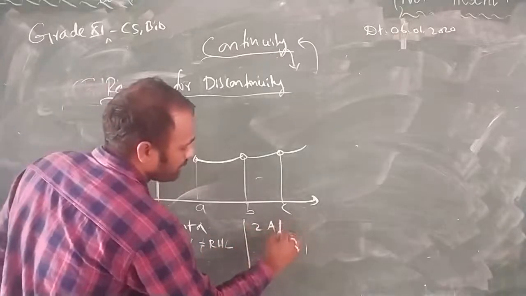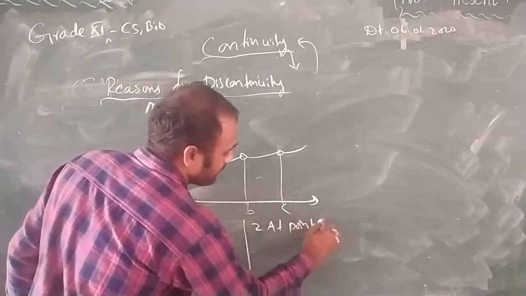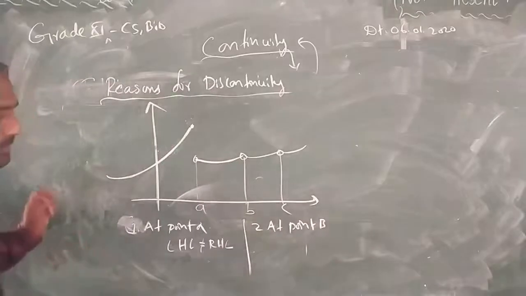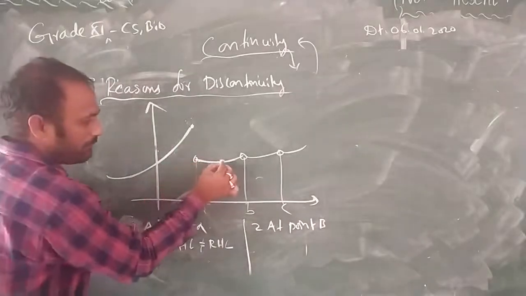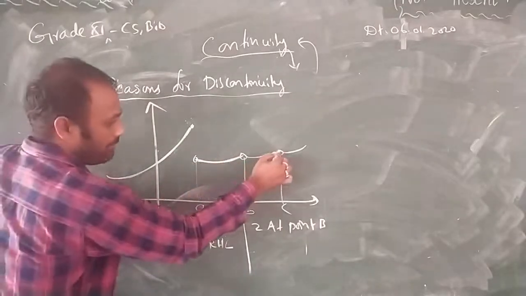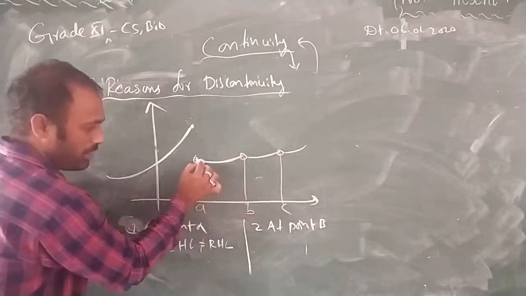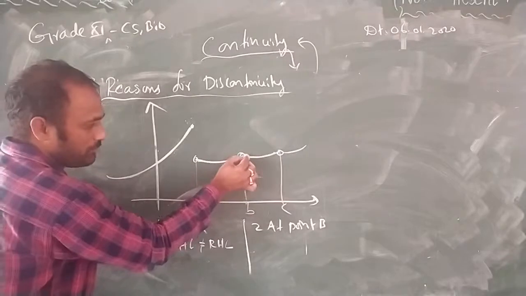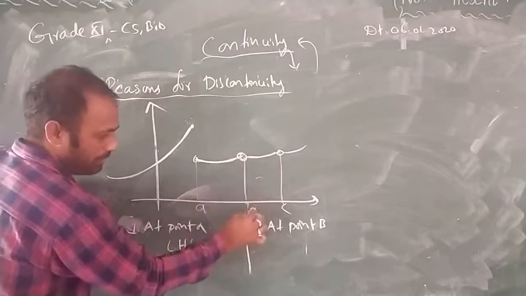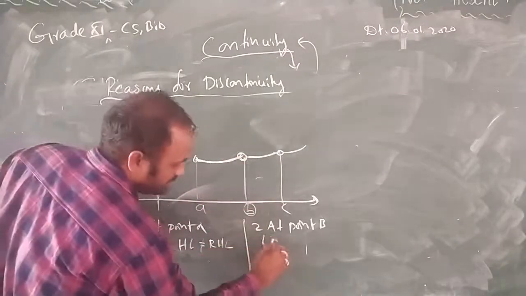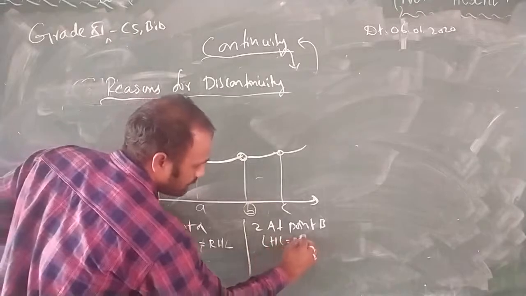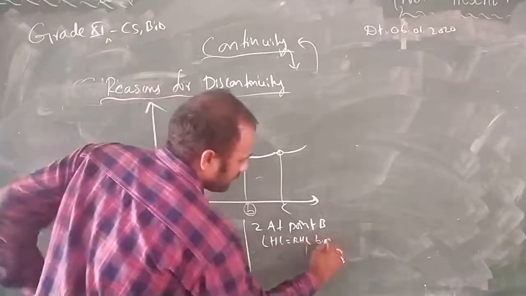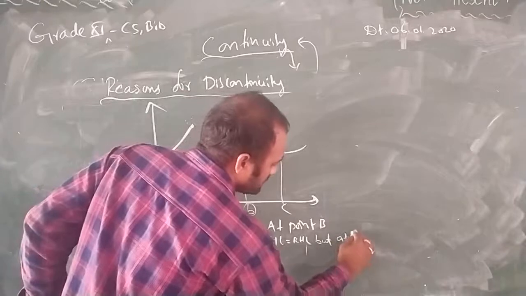Next, second, at point B. If you look at point B, from the left hand side the limit is fine, and from the right hand side it is also equal. So the left hand limit and right hand limit are both equal. But when it comes to the functional value at point B, even though the left hand limit is equal to the right hand limit, at B it is discontinuous.